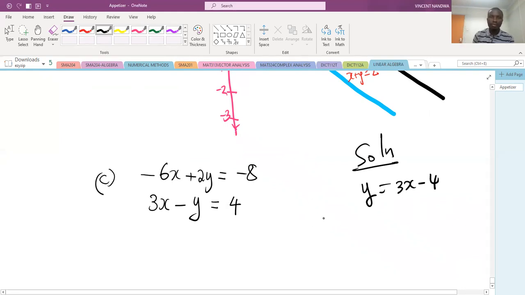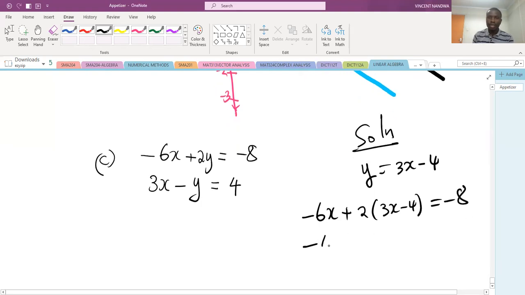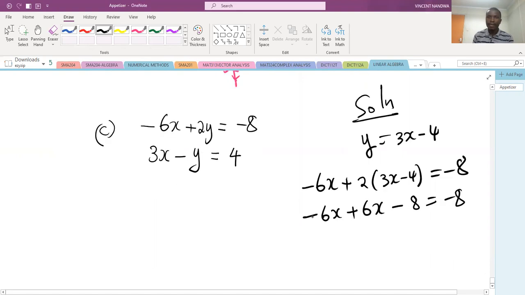And so we'll have minus 6x plus 2 into 3x minus 4 equals minus 8. So this is minus 6x plus 6x minus 8 equals minus 8. Minus 6x plus 6x is 0. So minus 8 equals minus 8. This is true, there's no problem with that because they have the same values. But in the process of solving, we have lost our x, which we are interested in getting the value of.